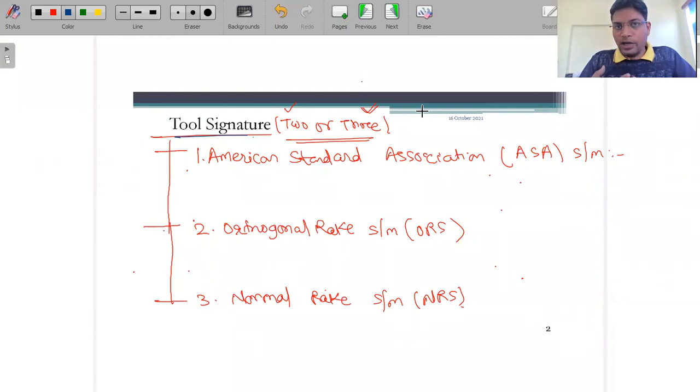So if a new material is created for the tool, there will be different angles that we have seen, that is back rake angle, clearance angle, and the cutting edge angle. So we have to create these angles.